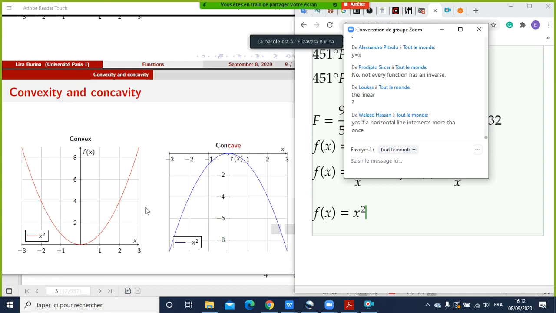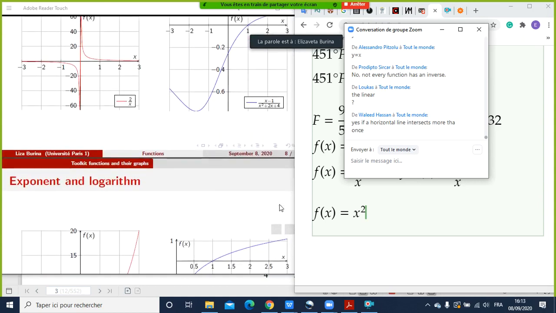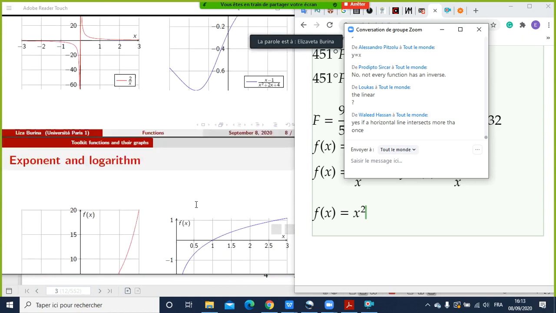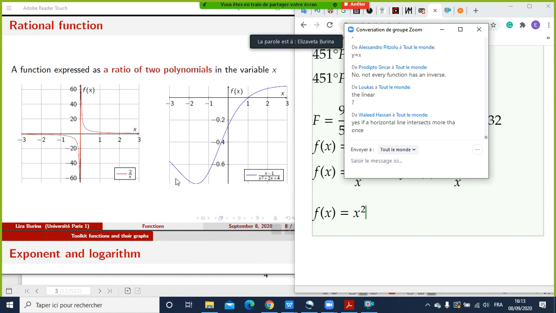The concave version of a parabola is not one-to-one either. What else is not? These two are one-to-one mappings. This one is not one-to-one because, for example, for the function value minus 0.6 we have two possible arguments. Here it is a one-to-one mapping, see? For each x we have one y, and for each y we have one x.